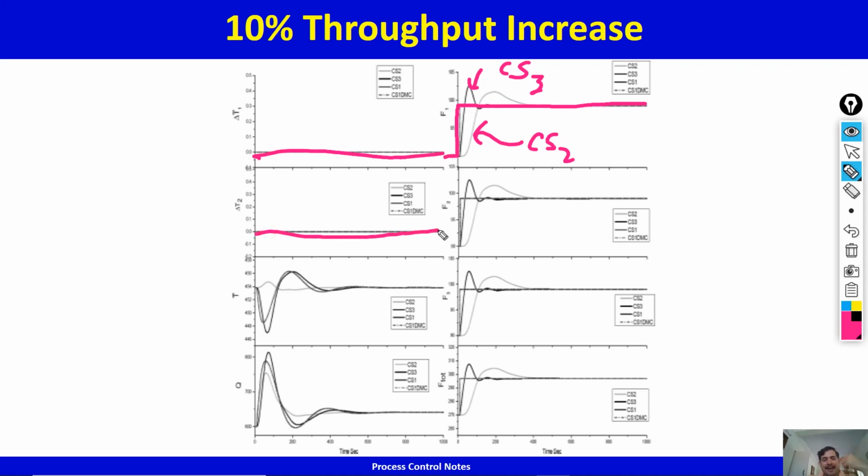Your controller basically does whatever it has to do, and you can see that CS2 gives the tightest temperature control. However, the flow control, F dot control over here, you see, this is loose.